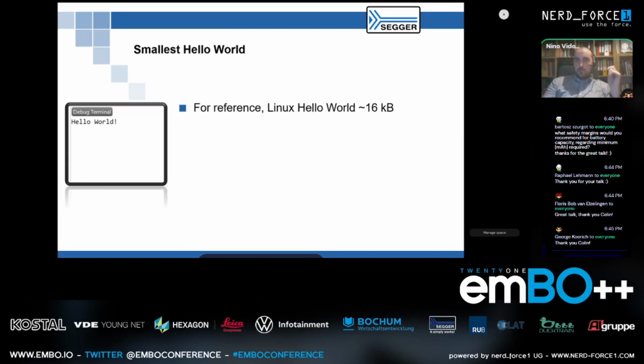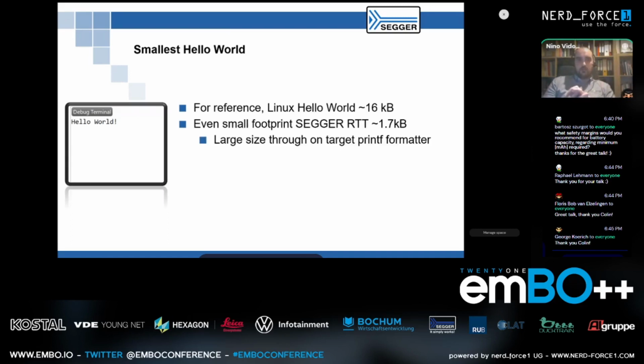So for a small printf, for example, we used Segger RTT as an I/O interface. Last year, I did a talk on this, also here at embo++. The talk was called RTT, the better printf and more. You can look it up at the NerdForce YouTube channel, or in the other room where the reruns are running. So the talk will show up there as well. So feel free to drop in.